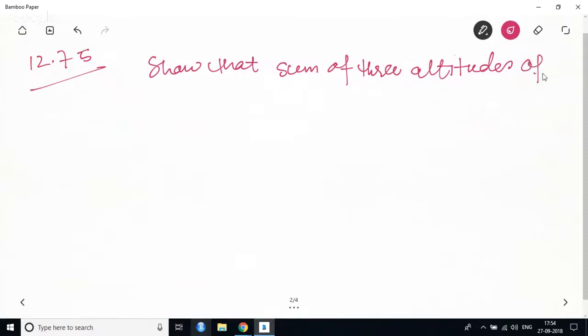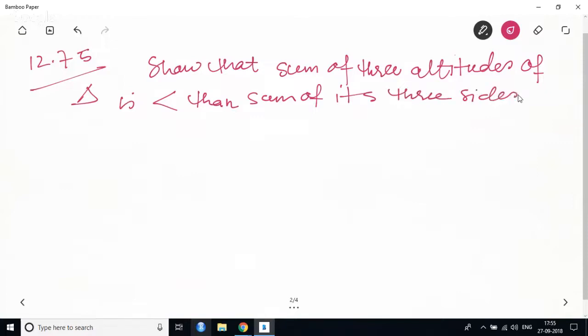So I'm making a triangle here, and this is my triangle ABC.